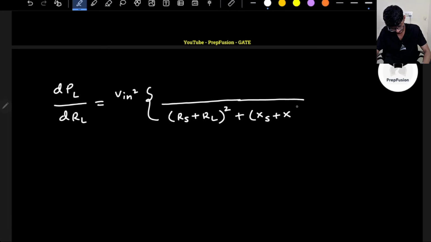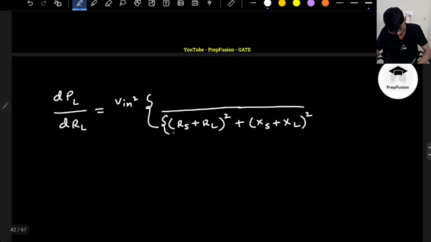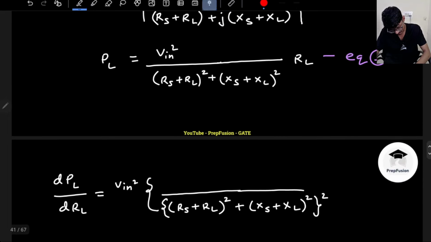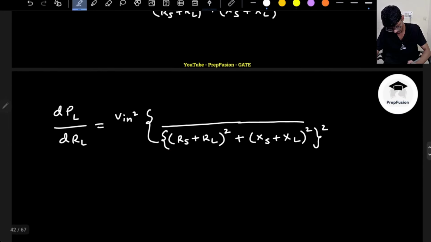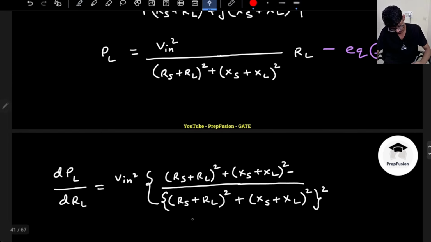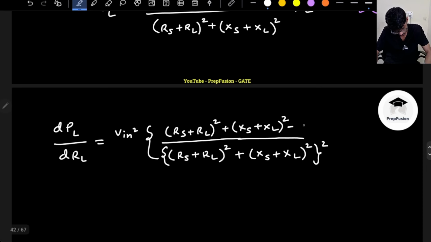plus XL whole square, okay, and this whole square, right, denominator whole square, then differentiation of the numerator, this is 1 and the denominator will be copied as it is, RS plus RL whole square, into XS plus XL whole square, and minus the differentiation of the denominator, that is XL is constant, right?